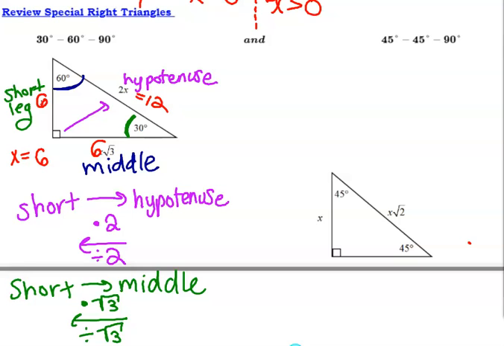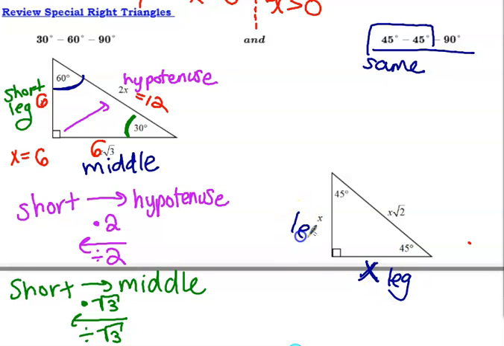The other idea is the 45-45-90. If you notice, the legs are the same. So how does that affect it? If this is x, this is also x. So we don't have a short and a middle leg. We just have the legs of the triangle, and then the hypotenuse, which again is opposite of the 90-degree angle.